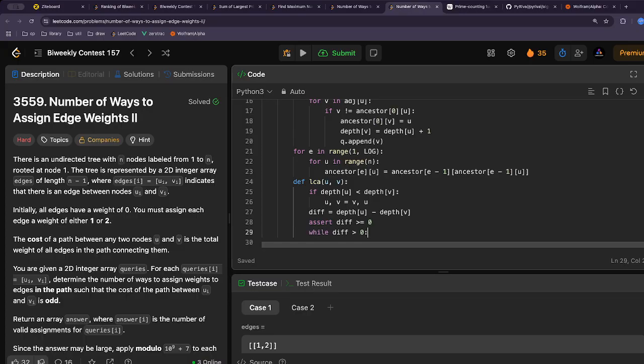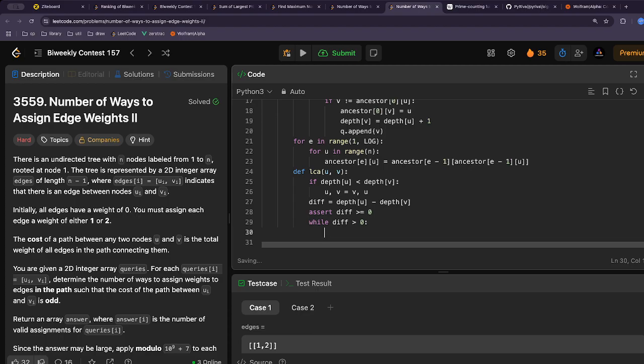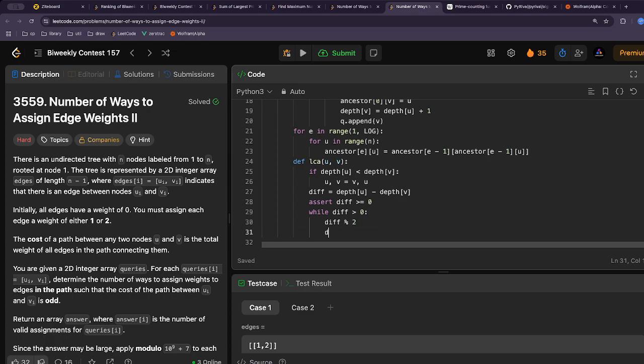This is the usual algorithm where you take mod 2, and then you divide by 2, right?